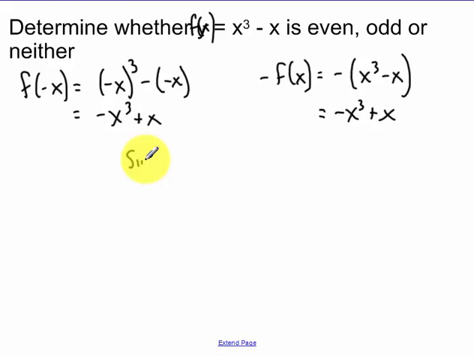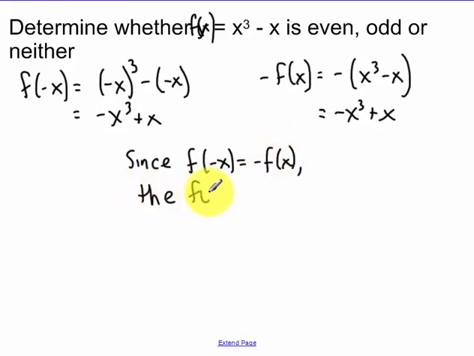So since f of -x is equal to negative f of x, the function is odd. And I would want you guys to write that. The function is odd with this definition piece.